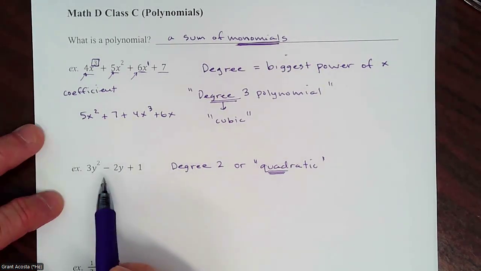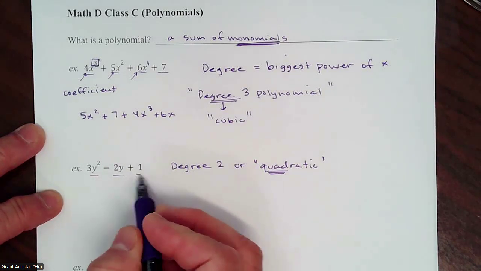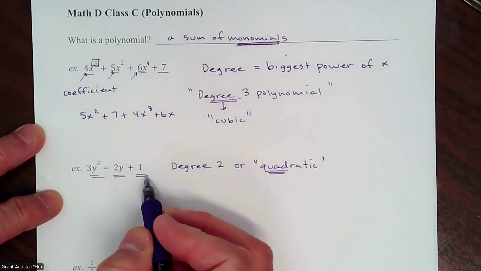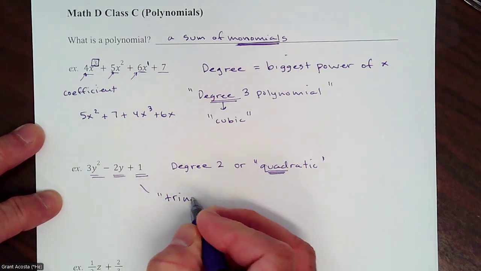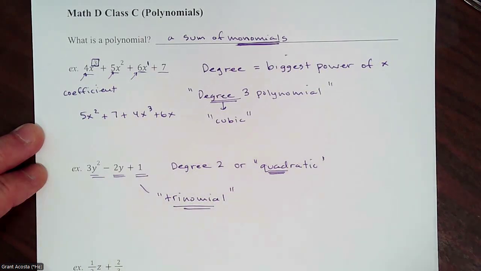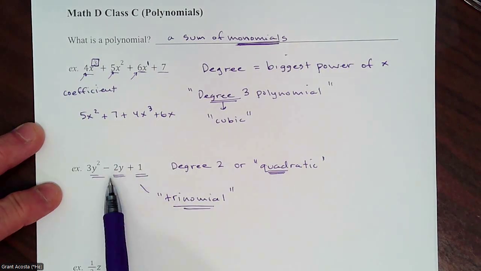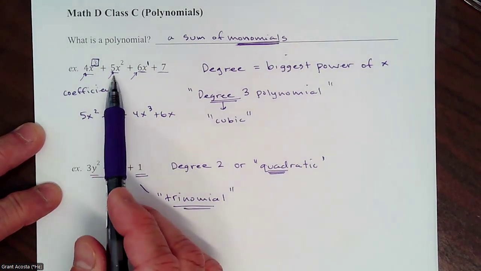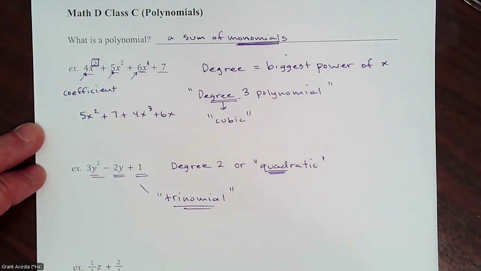We also sometimes refer to a polynomial in terms of how many terms it has. This one has 3 terms, so we could also call this a trinomial. If there are more than 3 terms, we don't really have a special word for it, so we just call it generally a polynomial.